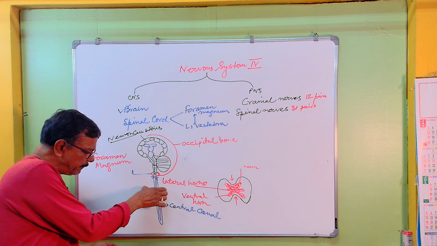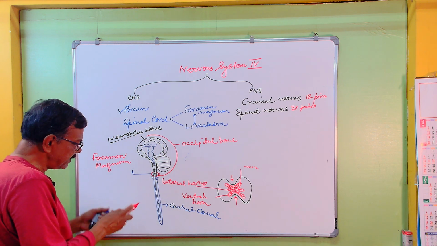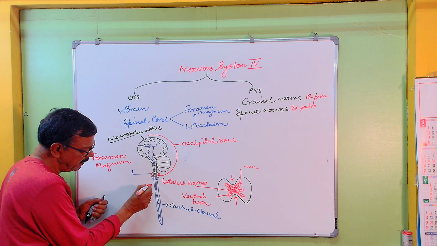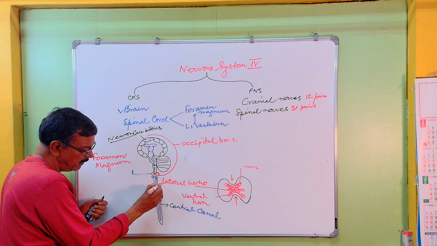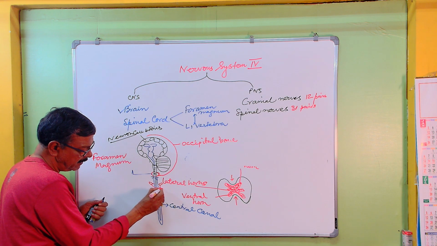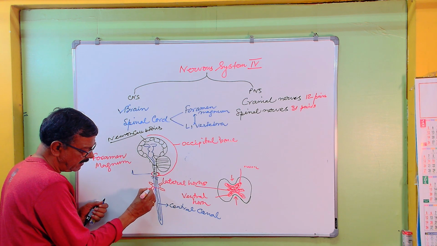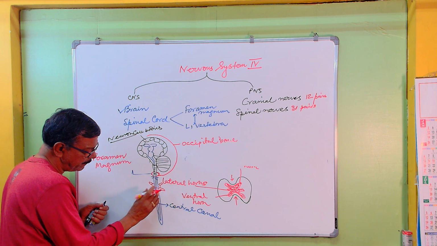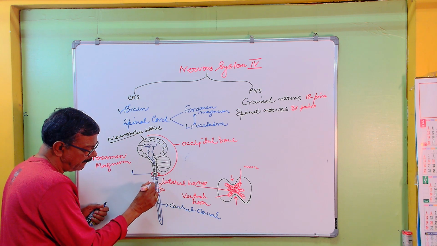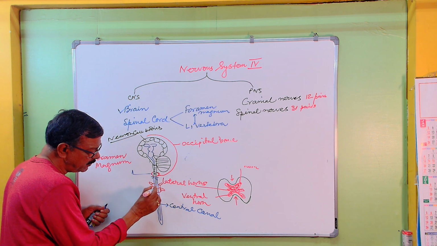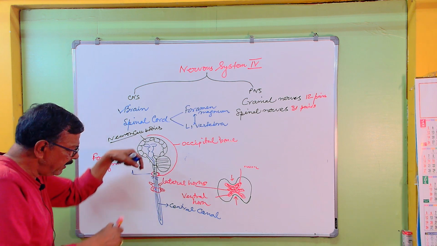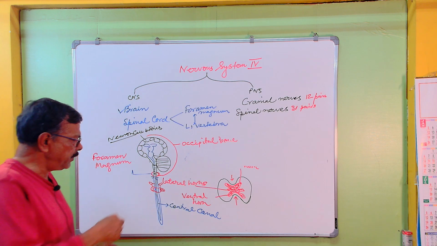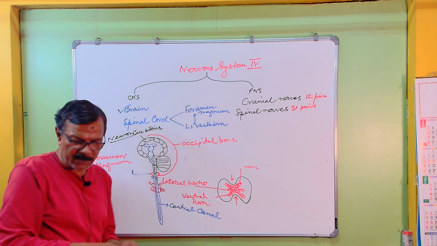Now, whenever it passes through the vertebra, there is a vertebra here. A vertebra has these processes. So this vertebra has a hole inside through which the spinal cord comes out.